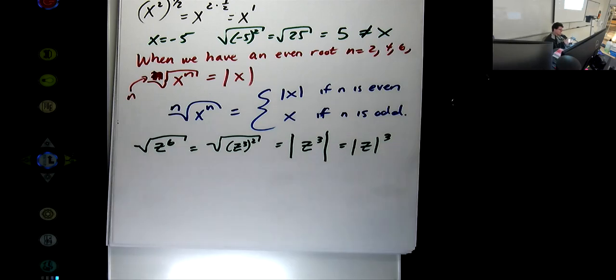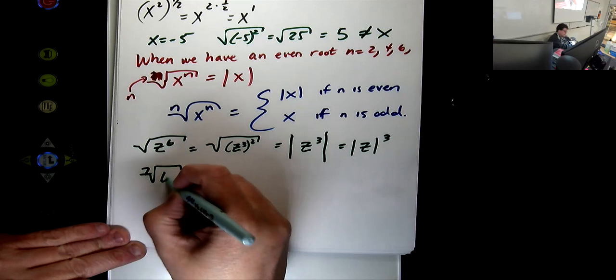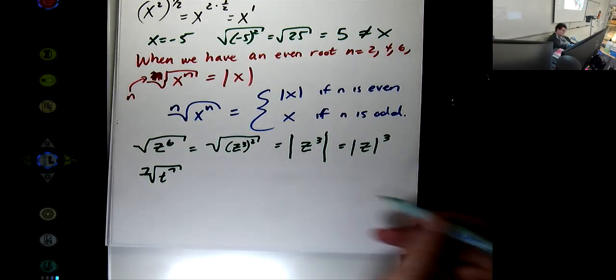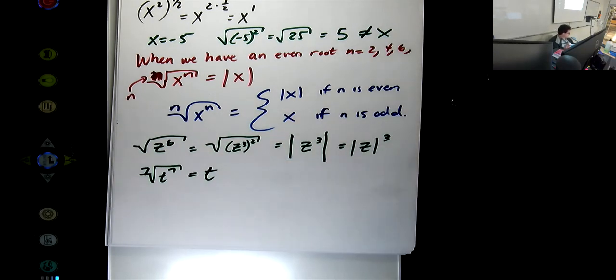But if it's something like the 7th root of t to the 7th power, I now have odd exponents and odd index. It's just t. And sometimes the absolute values aren't completely necessary, as we'll see in the next example.